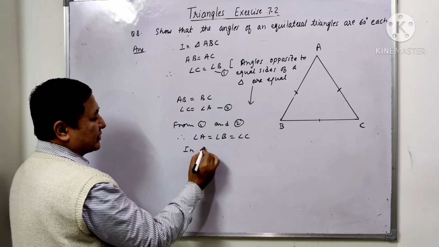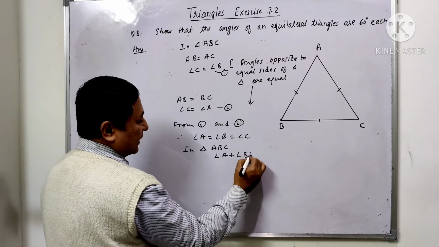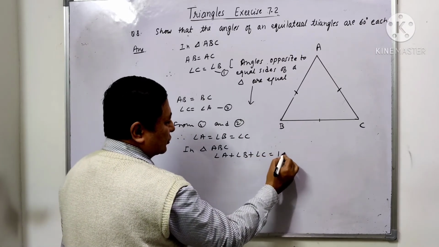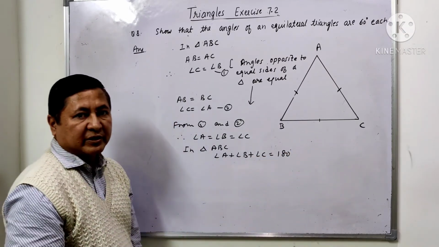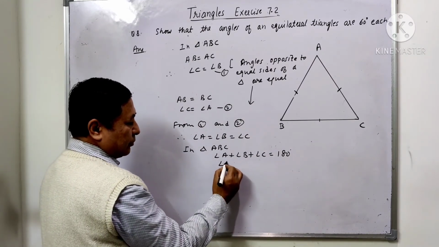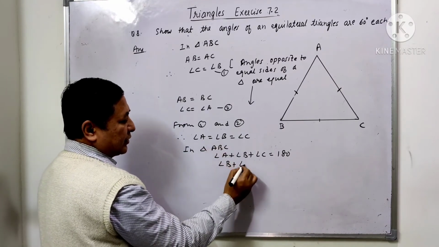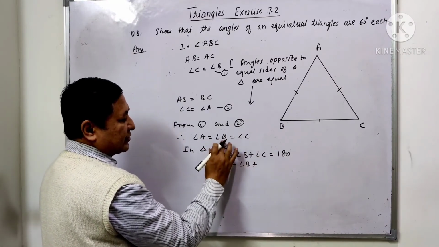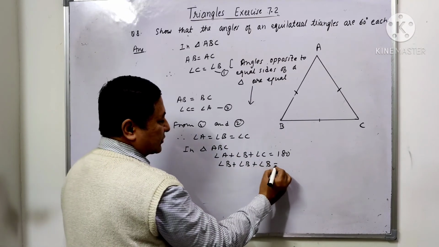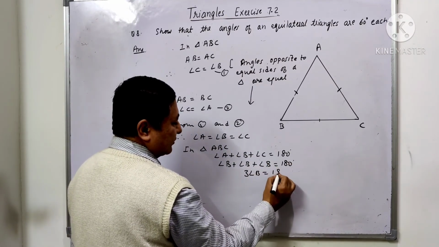Now in triangle ABC, we know that the sum of all the angles of a triangle is 180 degrees. So we will write angle B instead of angle A, angle B, and instead of angle C we can again write angle B, equal to 180 degrees. Thrice angle B is equal to 180.